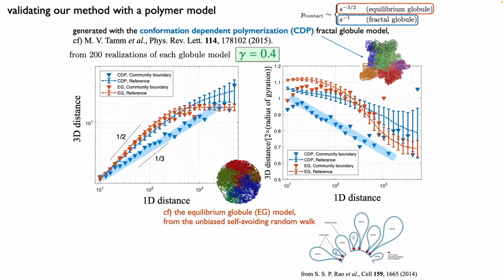So this clearly distinct scaling behavior for the CDP model's intra-community structure holds for the rescaled 3D distance divided by the radius of gyration as well. So it means that our community detection indeed identifies loops or at least a compact substructure.